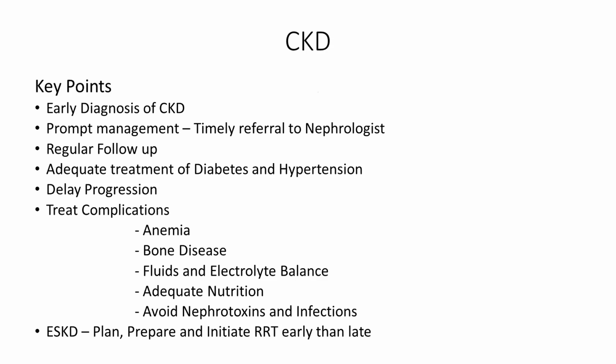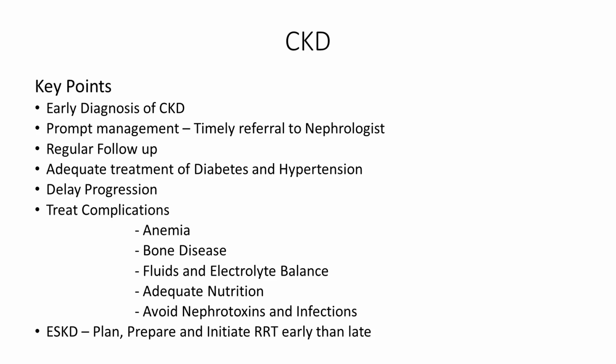Now, finally, the key points of this lecture. Early diagnosis of CKD is necessary so as to avoid late stages of CKD by conservative measures. This can be done with prompt management and timely referral to the nephrologist. These patients require a regular follow-up, so we have to monitor their renal function tests, with adequate treatment of diabetes and hypertension, because they are the two most common causes of chronic kidney disease.